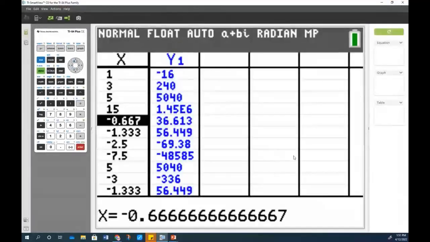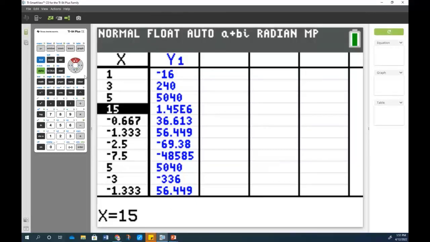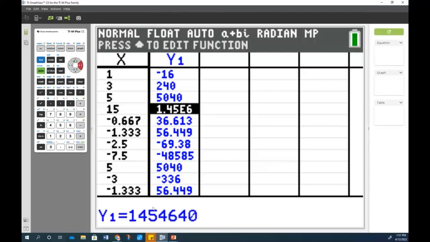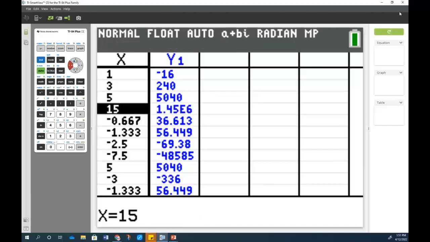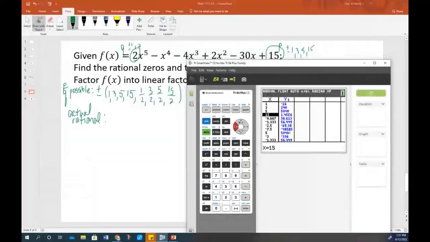Let me make it big for a minute. Anything that has an E in it, because it's telling you how far to move the decimal. So this is positive, so we would be moving it way over to the right. And if you needed to know what that number actually was, you can see it here where they've actually moved that decimal over if you highlight it. Okay, so just watch closely for E's.